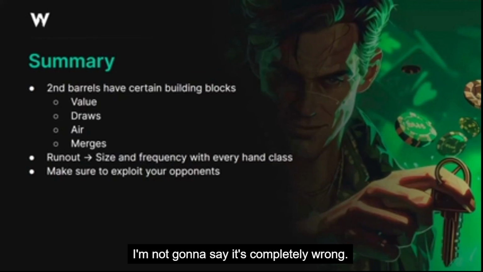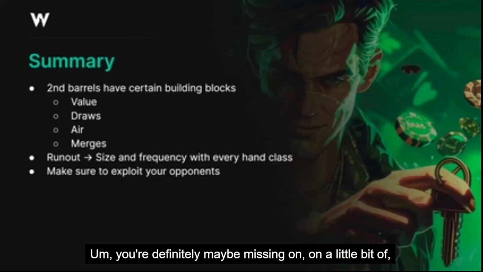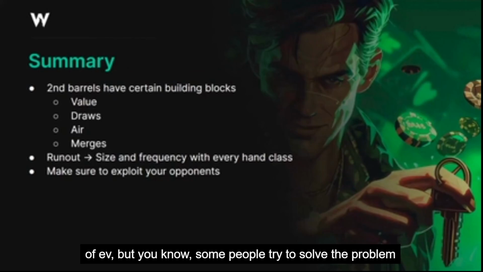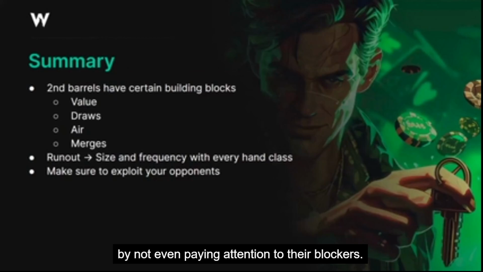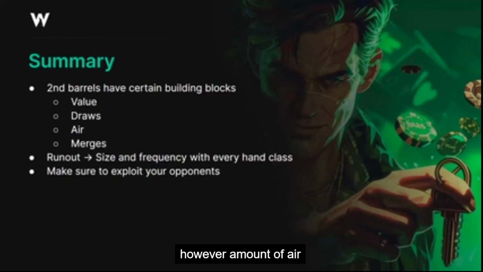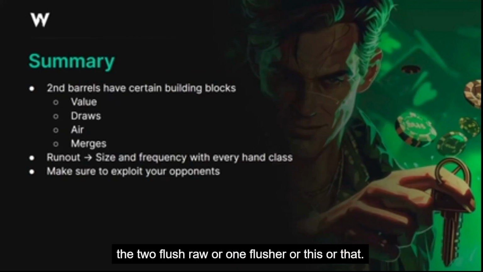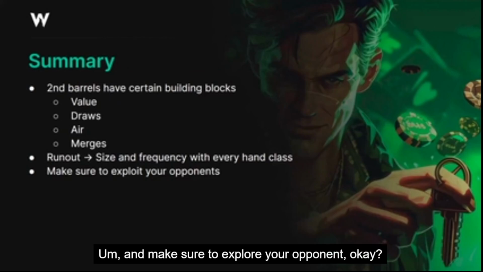I'm not going to say it's completely wrong. You're definitely maybe missing on a little bit of EV, but some people try to solve the problem by not even paying attention to their blockers. They're just like, I'm just going to bet however much air, and that way I can't get biased by there's a flush draw or this or that.